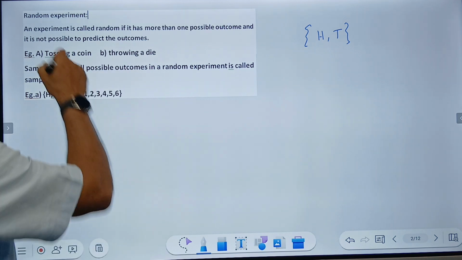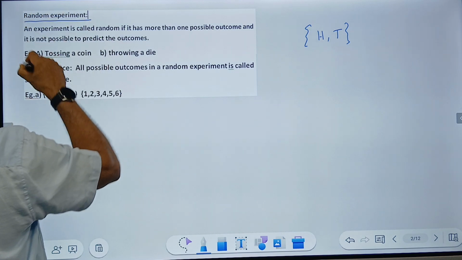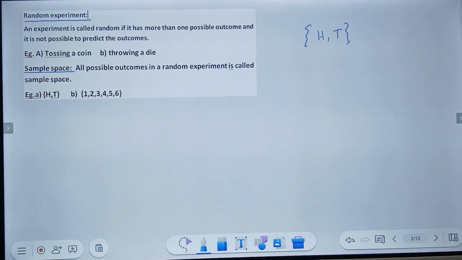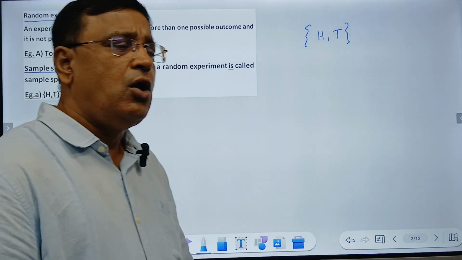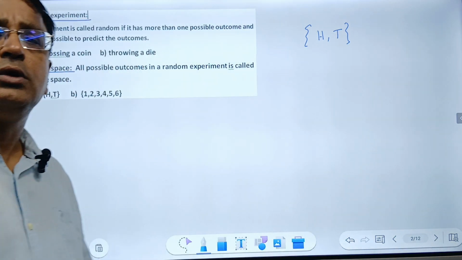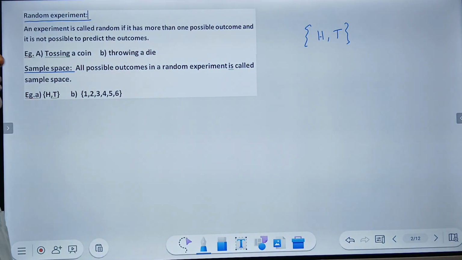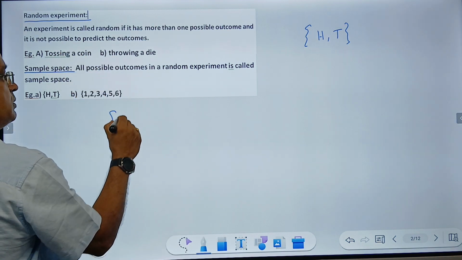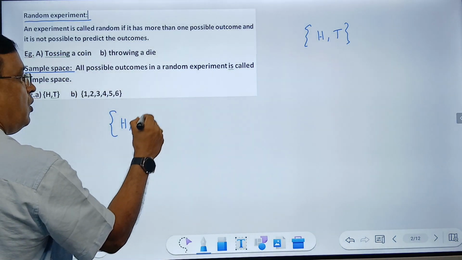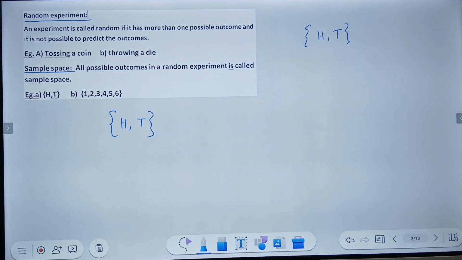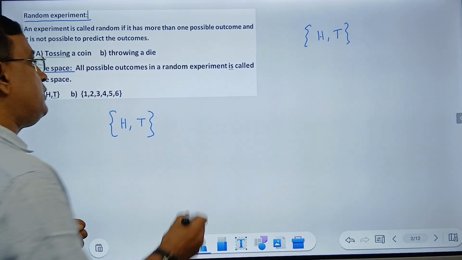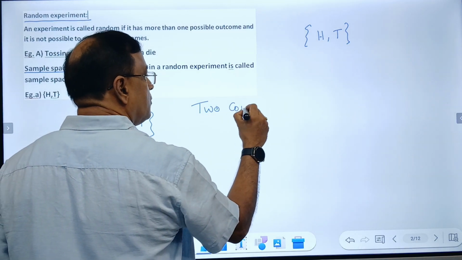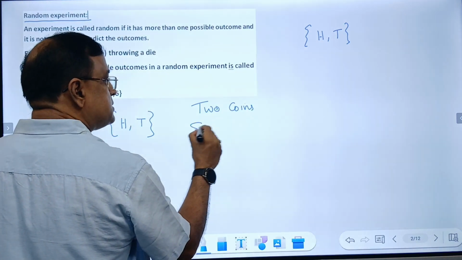Now that you understood what a random experiment is, the next important word is the sample space. Sample space is all possible outcomes in a random experiment. For example, if I am throwing a coin, my sample space will be head or tail, because I can get either head or tail. Suppose I toss two coins, what will be my sample space?